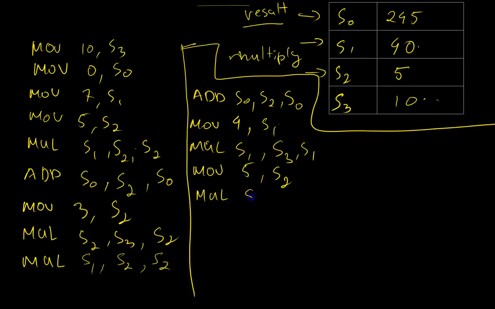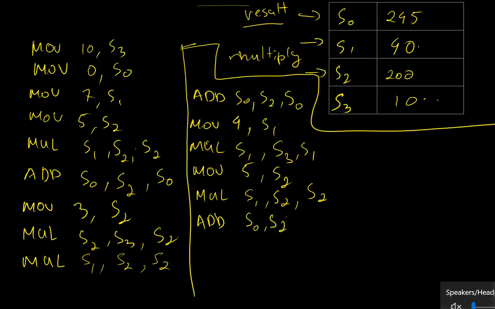We're going to multiply S1 by S2, and we're going to store that back in S2, and that's going to give us 200. And then, just like before, we're going to add our result to S0, store it in S0, and now we have 445.